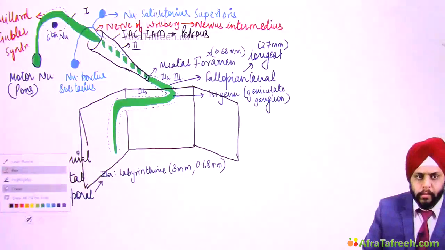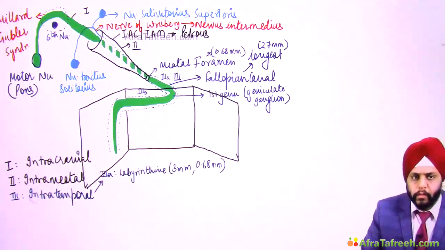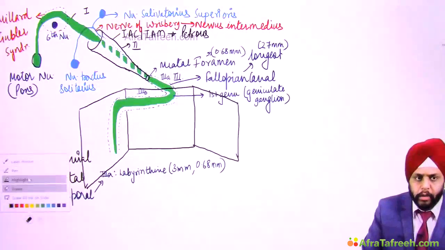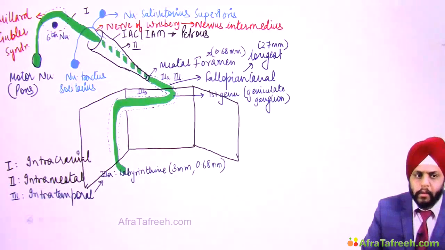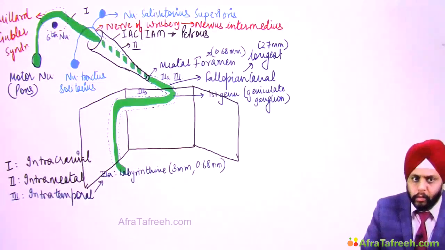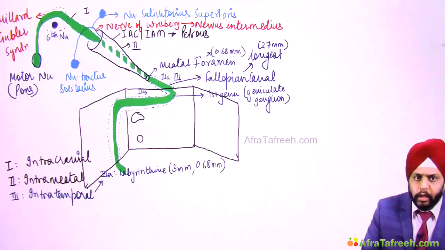Okay, so what we can see over here? We can see over here the facial nerve, the segment 3B. So I hope by now you have recognized that this over here is the anatomy of the middle ear.